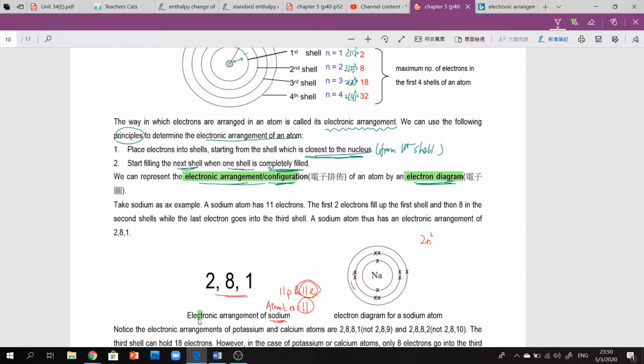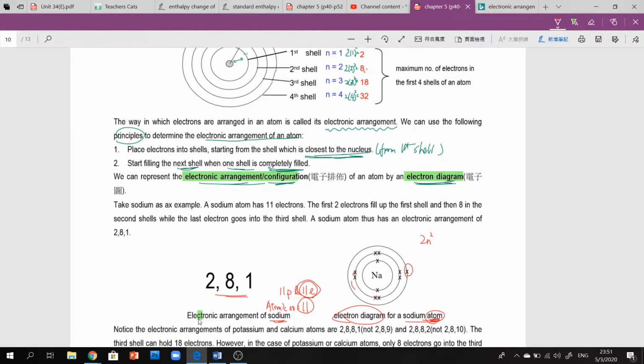So we fill 8 electrons in the second shell, and it is filled. We have 2 plus 8 equals 10, so 1 electron is left, and we put the final electron in the third shell. To express this, put the symbol Na inside the smaller circle, and this is the electron diagram for the sodium atom.